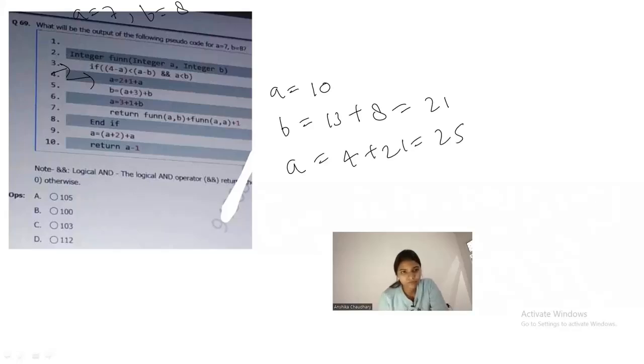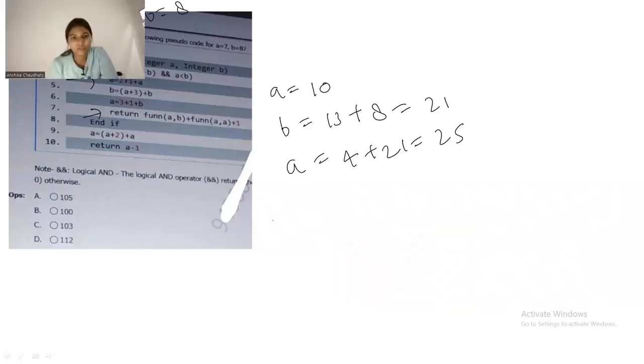Now here return function a comma b. So here we are making a function call, right? So here we are making a function call for, let me write here, function a comma b. So this time a value is 25 comma b value is 21, plus function again calling a comma a, right?